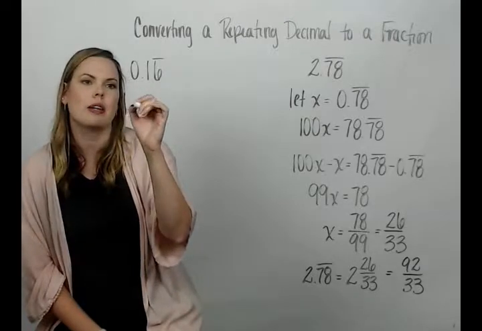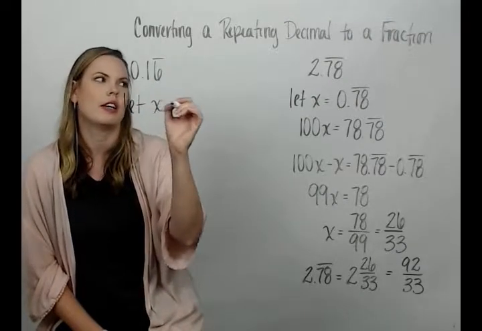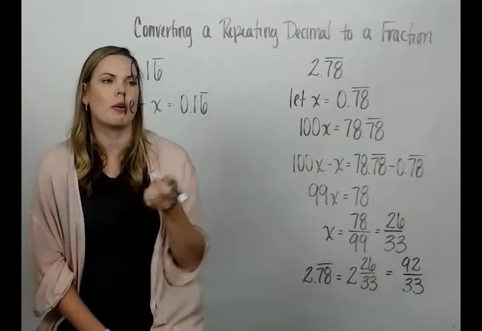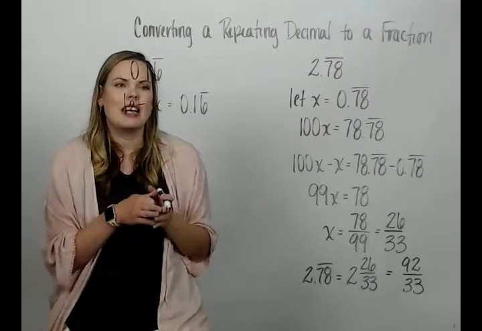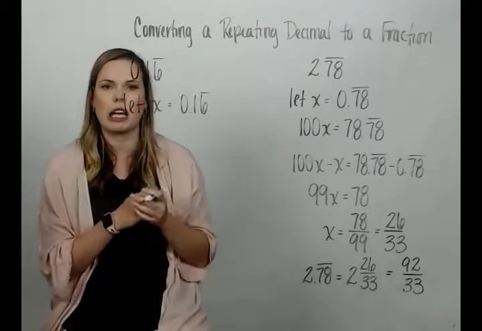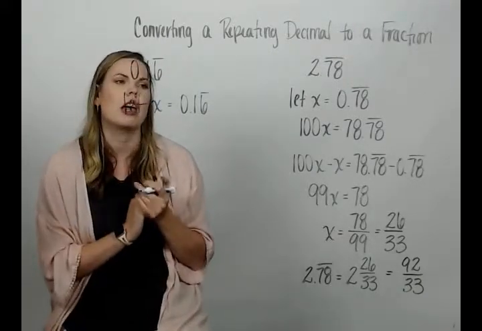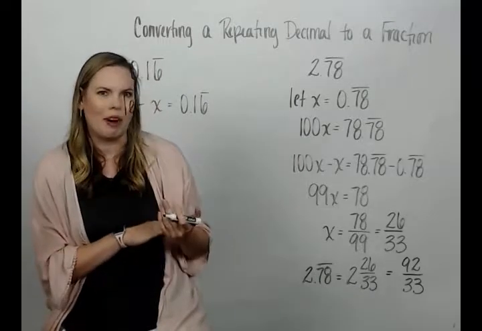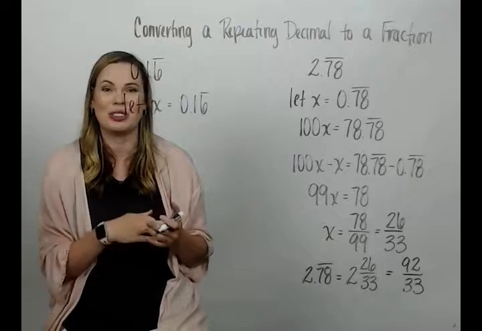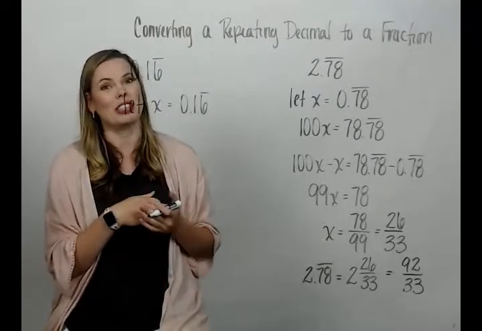So same thing, I'm going to let x be equal to 0.16 repeating, no whole number part here. And then I need to create two values by multiplying both sides of the equation by something that have the same repeating part and the same decimal part, okay? So that when I do that subtraction, I'm dealing with whole numbers and not decimals.